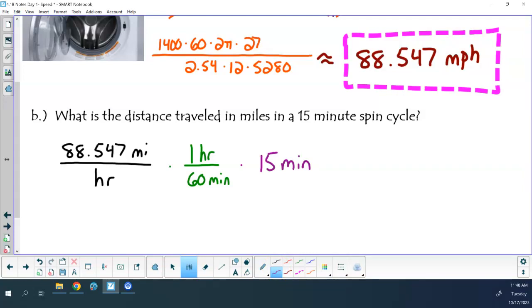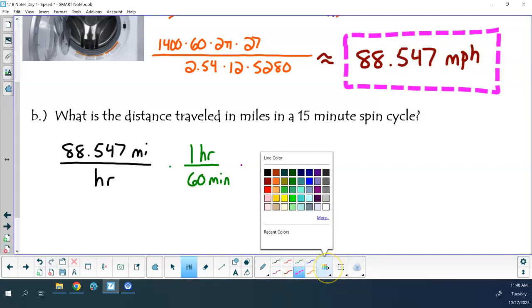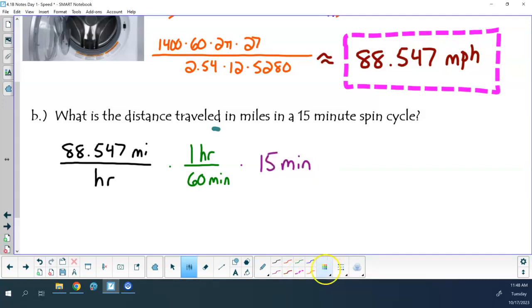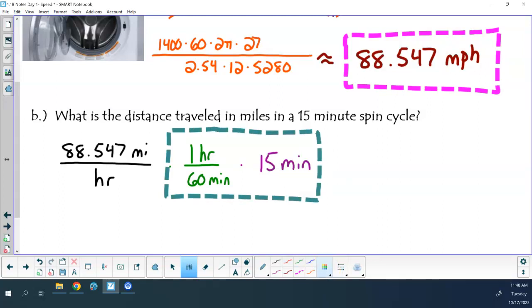Or, in place of this, we could have just divided by 4, or multiplied by 1/4, because 15 minutes is 1/4 of an hour. Either way, we get approximately, the sock traveled 220.137 miles.